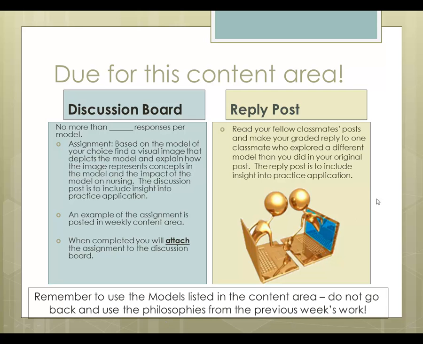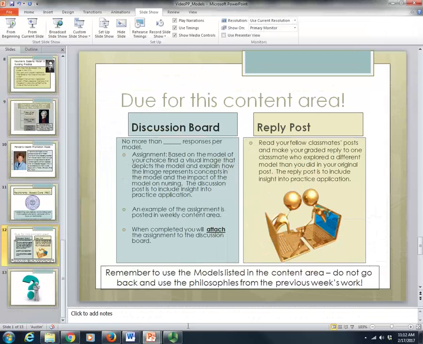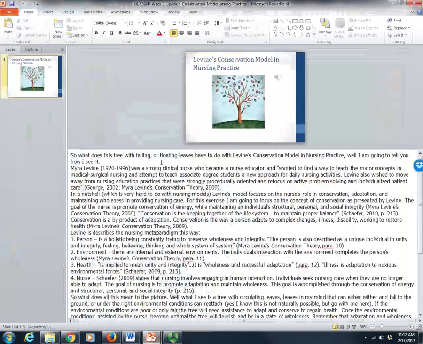So let me bring up really quickly the example. This is the example in Blackboard, and I used Levine's conservation model because it isn't one that I talked about this week. So what's important is that this is the type of visual image we're looking for, finding something out there and then putting it on there, and then explaining why that image depicts the model to you.